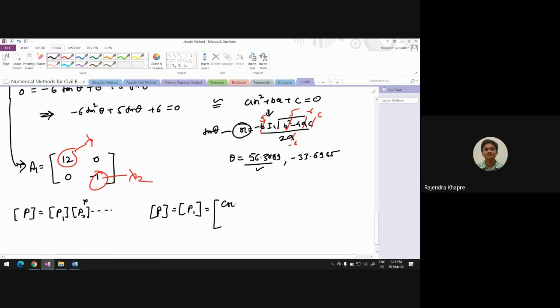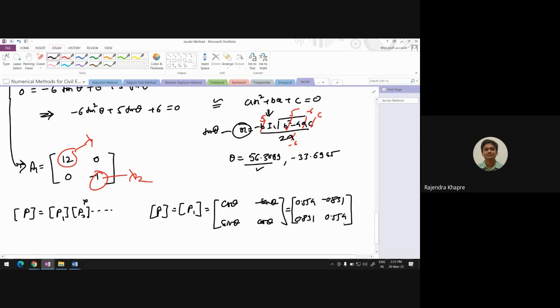Your P1 is cos of theta, minus sine theta, and sine theta, cos theta. So can someone give me the values, please? 0.831. 0.554.